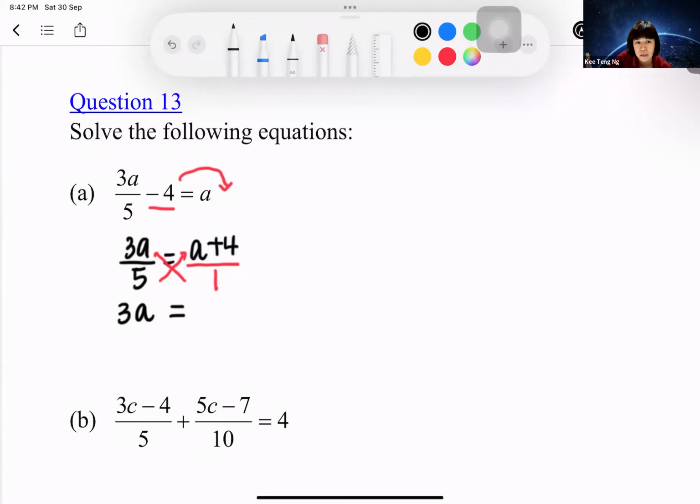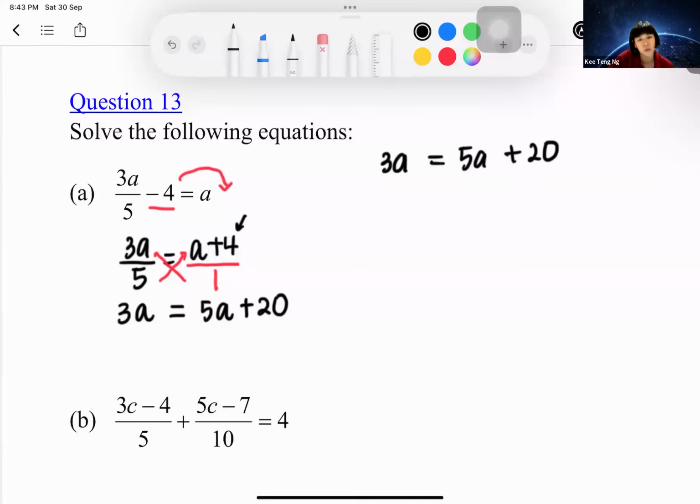Cross and multiply: 5 times a is 5a. Remember to multiply the one at the back as well. So 5 times 4 will become plus 20. Is this okay?